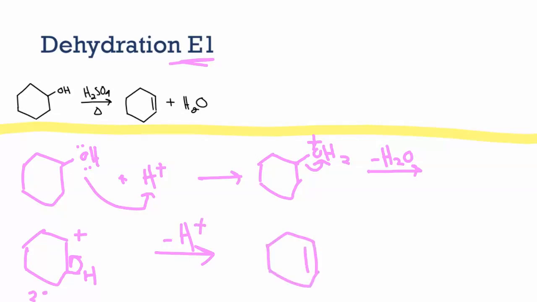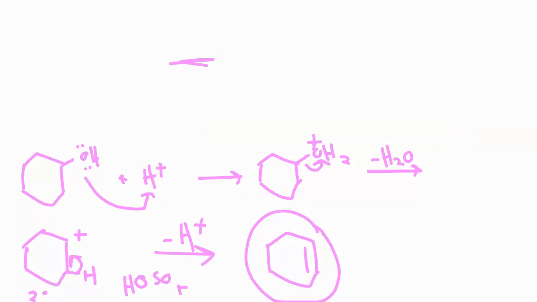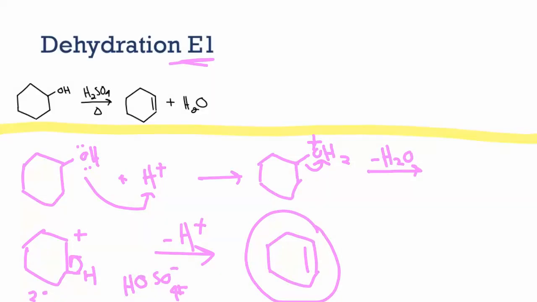And form this. So there are a few different ways to show this mechanism. So sometimes he'll show the counter ion of sulfuric acid take the hydrogen, or if you remember, we did examples where you just use the H plus as the catalyst as opposed to writing out all of sulfuric acid.